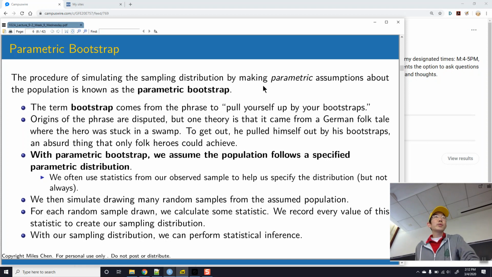Once we make assumptions about the parametric shape of the distribution, we'll draw many random samples from this assumed population. For each sample we draw, we calculate some statistic and record it. We do this thousands of times. This generates a sampling distribution, and then we can perform statistical inference. It's a lot like the randomization approach, except we're not doing random assignment, we're drawing from a population that we're assuming.